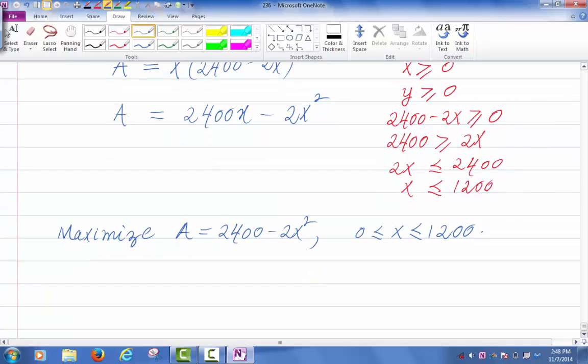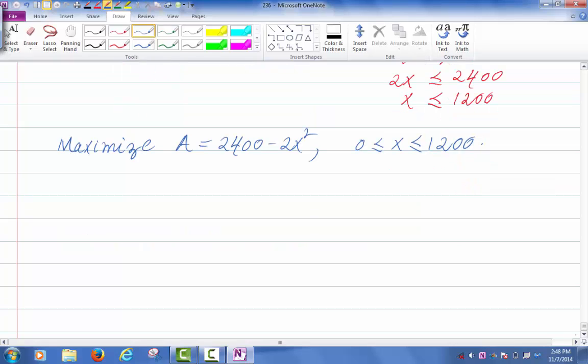How do I find the maximum value of this function on that domain? Well, my area function here is a continuous function on a closed bounded domain. Remember, I gave you a handout on finding the absolute maximum of a function on a given closed interval, right? How do you do it? Well, you find the critical points. Yeah, this was 2400x, thank you.